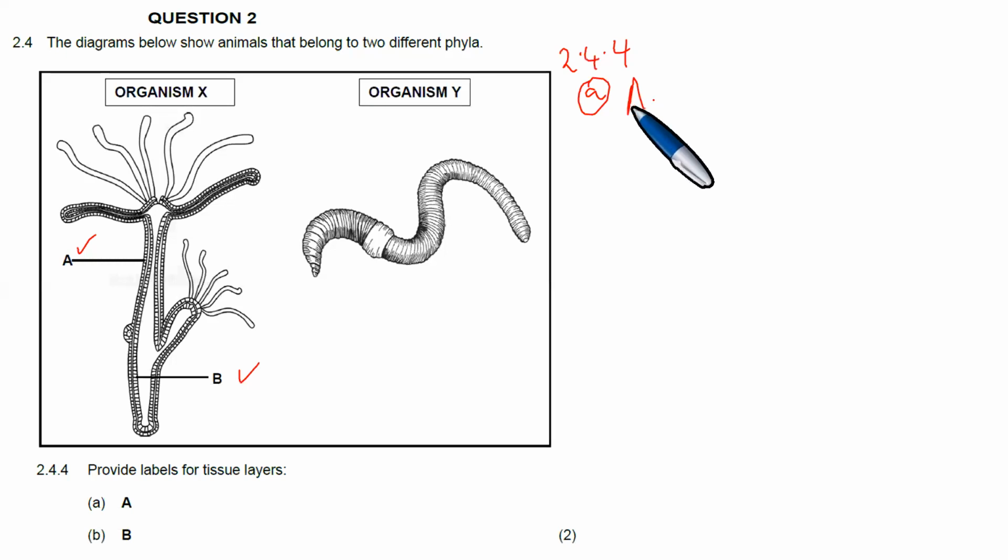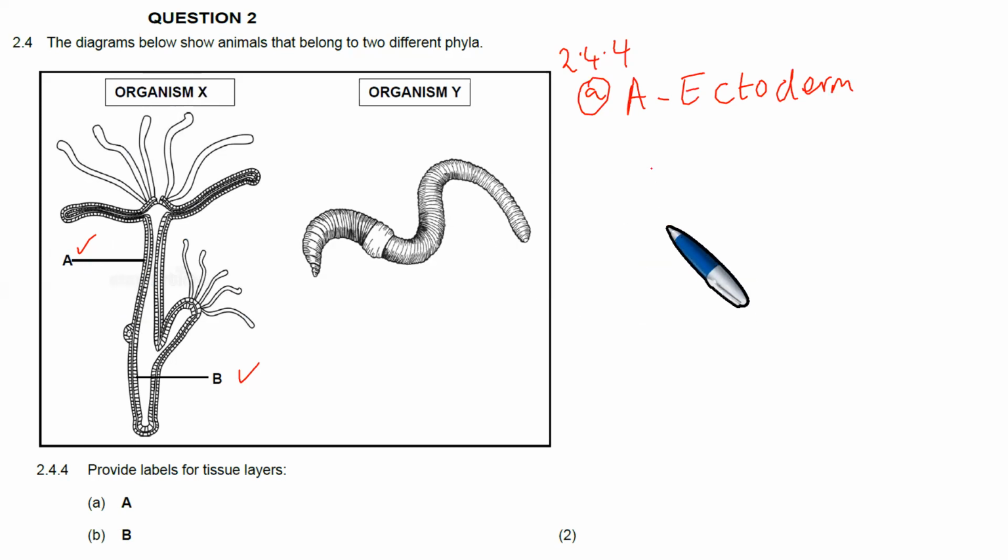Here is the A part in organism X. It's called the ectoderm.